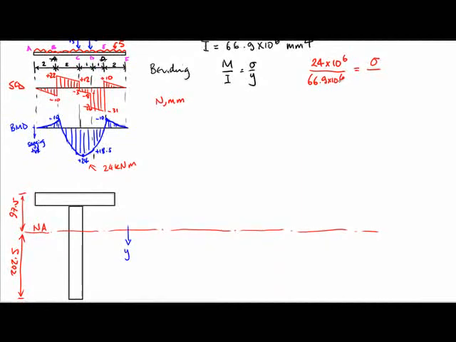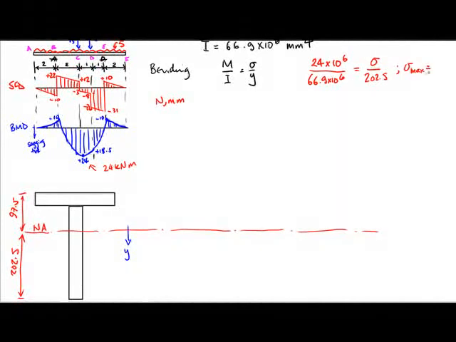So the largest stress is going to be at the bottom of the beam rather than the top. So if we put 202.5 as our y, then we will get stress max is equal to 72.7 newtons per millimeter square.